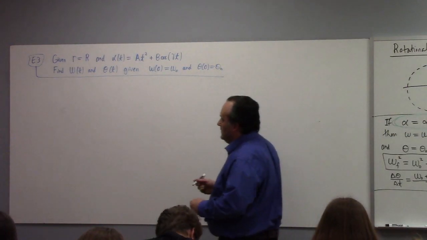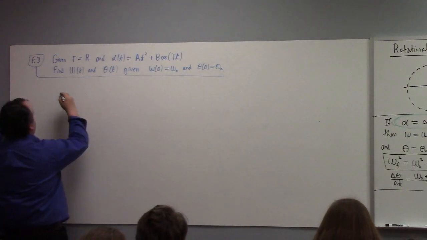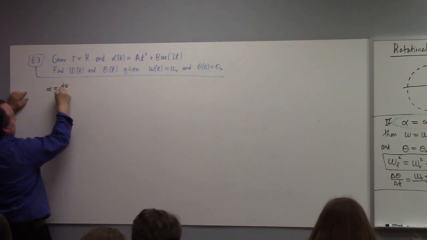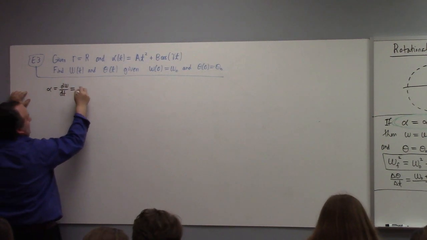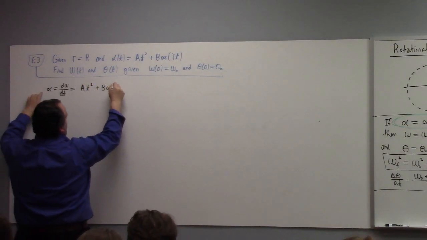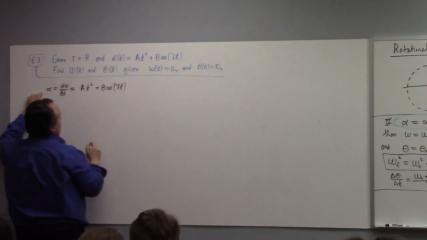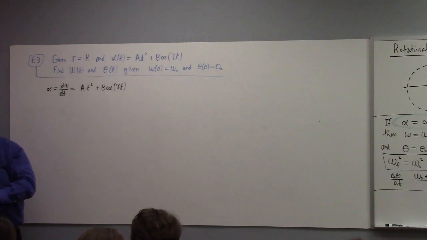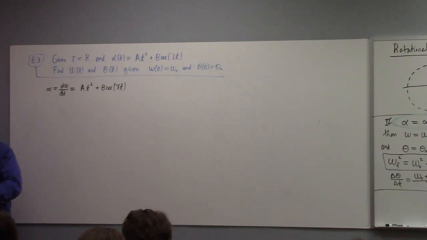So I'll start us out here. Alpha is d omega dt, but it's also a t squared plus b cosine gamma t. I'm assuming, by the way, guys, here that a, b, and gamma are all non-zero. Well, they're constants anyways, more to the point. These are just constants.